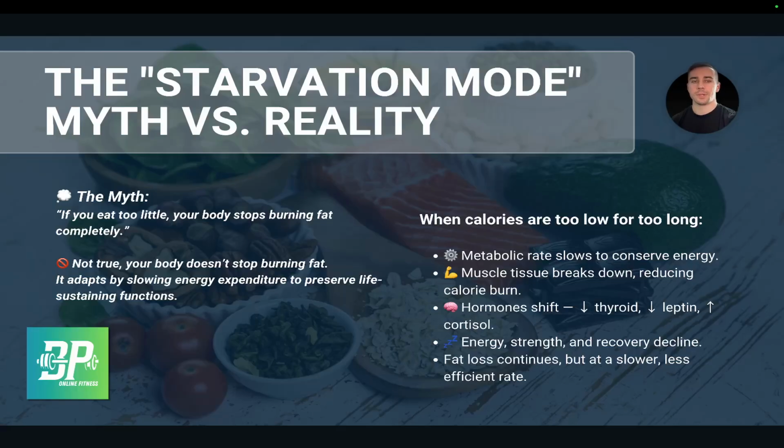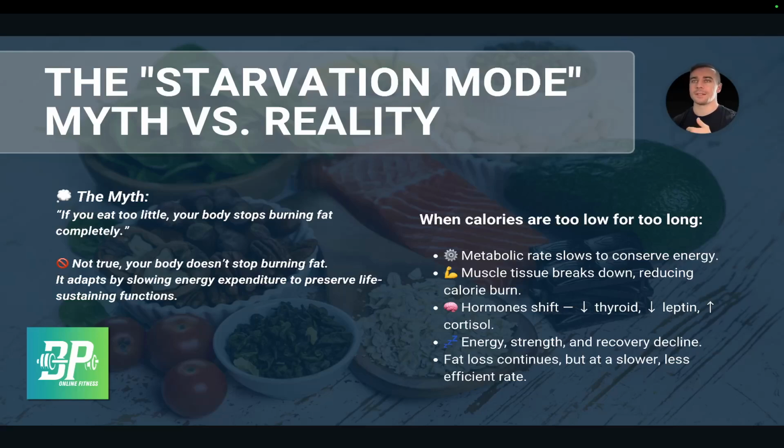When these hormones are shifting, that's another sign that it's going to prevent you from really burning those calories. Energy, strength, and recovery decline as well when you're in this starvation mode and restricting your calories too much. Fat loss may continue even in starvation mode, but at a slower and less efficient rate.